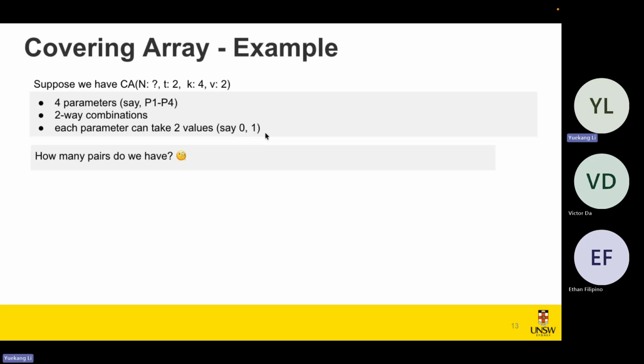So how many pairs do we have? How many combinations do we have?